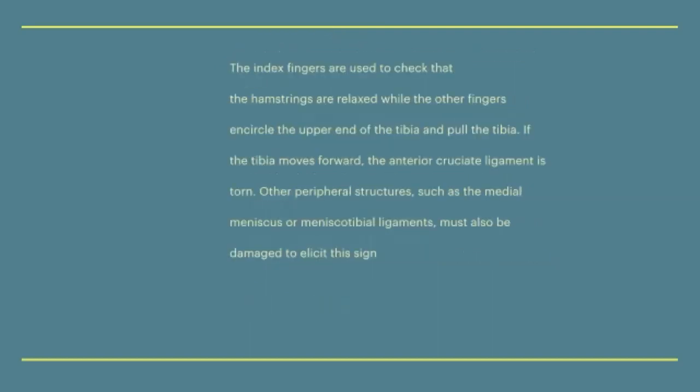The index fingers check whether the hamstrings are relaxed or not. The tibia moves forward. This is the most important step. If the tibia moves forward, the anterior cruciate ligament is torn. Peripheral structures such as the medial meniscus or meniscotibial ligaments must also be damaged to elicit this sign.